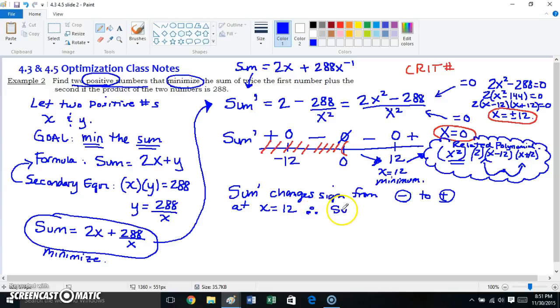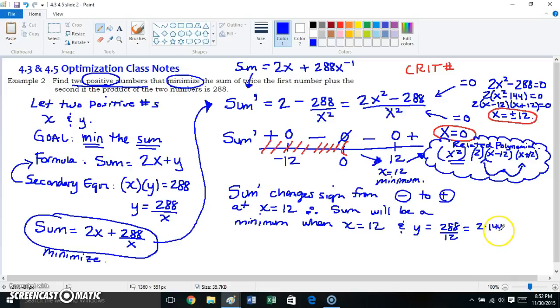Therefore, the sum will be a minimum when x equals 12 and y is equal to 288 divided by 12, which I know is 2 times 144 divided by 12, so that's 24. So when x is 12, y is 24.